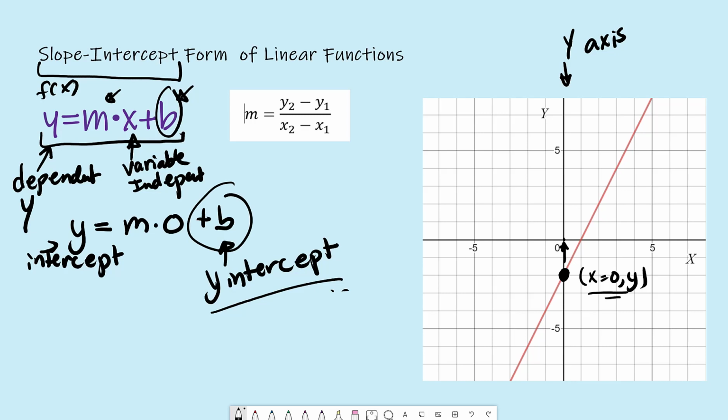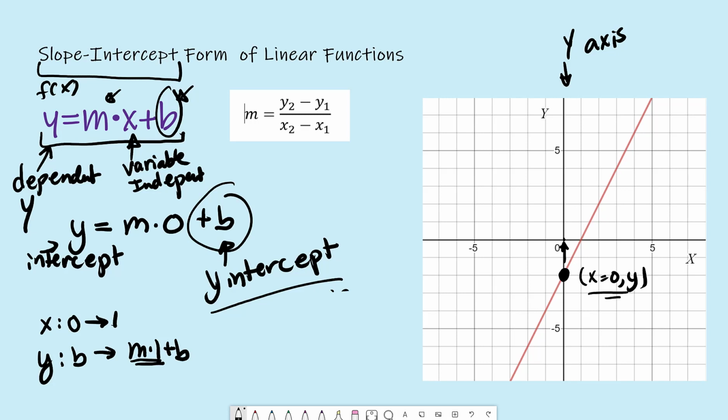Let's say that we change our x from 0 to 1. In that case, y is going to go from b to m times 1 plus b. So y changed by an amount of m. It was b, and now it's m plus b.